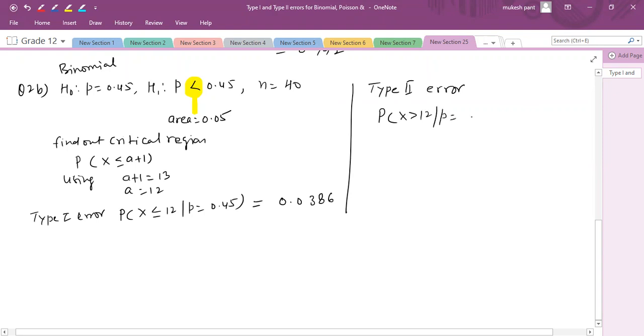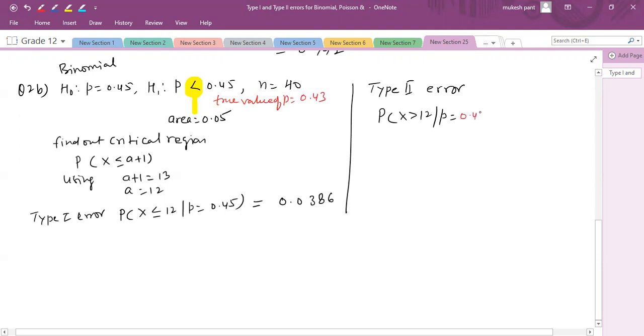See, the true value of p will be given in the question. So the true value of p here is 0.43. If you look at the question, it's written over there: true value of p is given as 0.43.